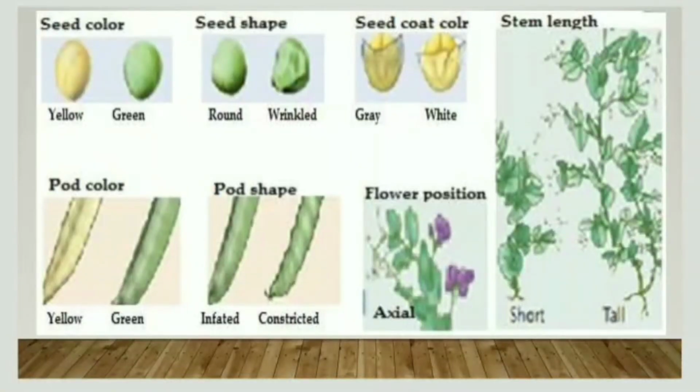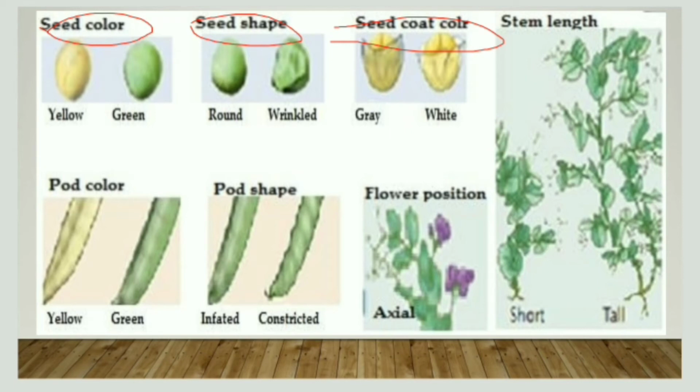In a pea plant, Mendel observed 7 different phenotypes. Based on seed color, the seed was either yellow or green. Next was seed shape, either round or wrinkled. Next, based on the seed coat color, they were either gray or white.